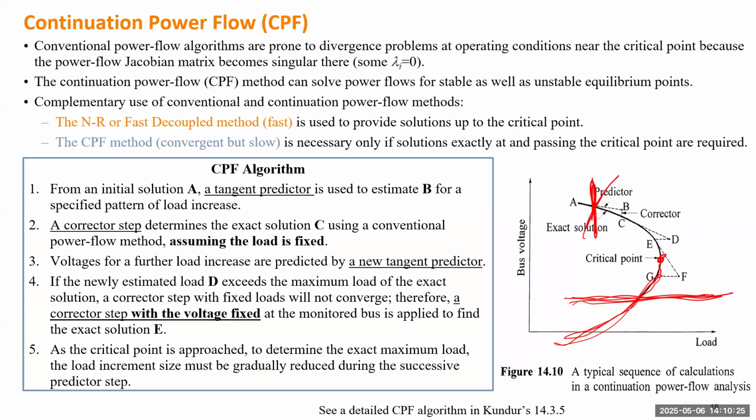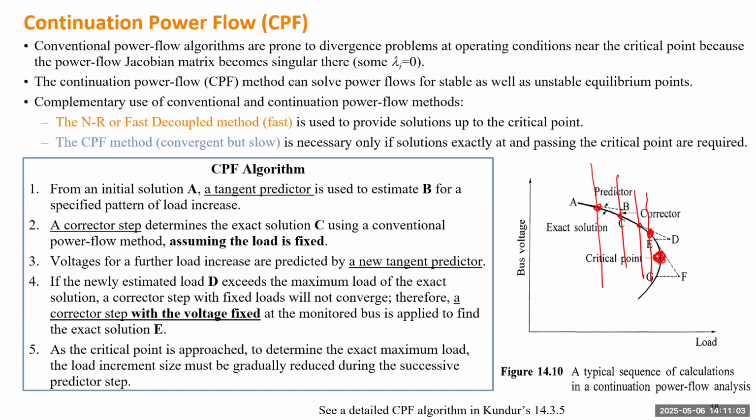So the purpose of drawing the complete PV curve is not to utilize any part on the bottom for operation, because it doesn't make any sense. The purpose is really to help you get an accurate estimation of where this critical point is. Because if you don't have continuation power flow, let's say you use a constant power load model, okay? So here you can solve power flow, here you can solve, here you can solve, and here many power flow solvers will fail, even though you still have some distance.